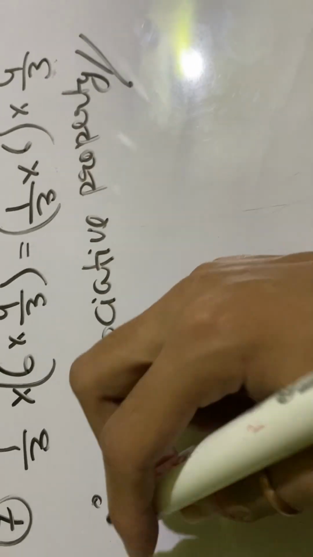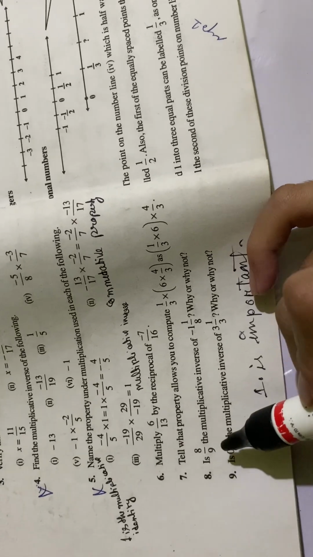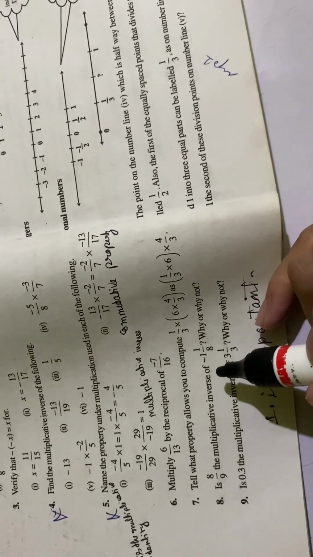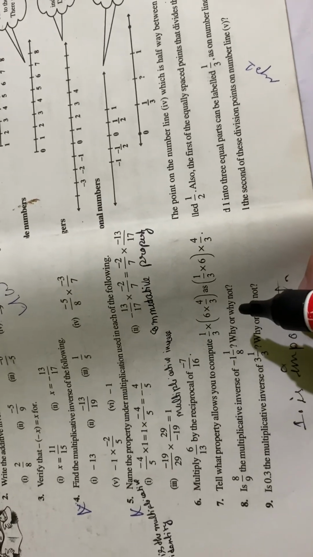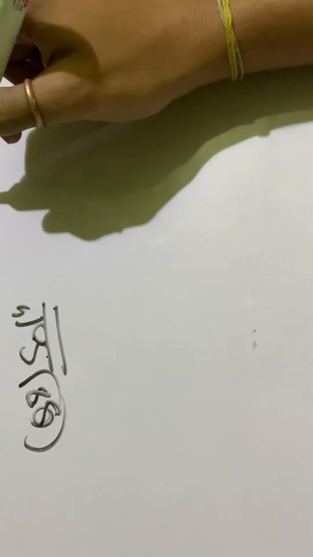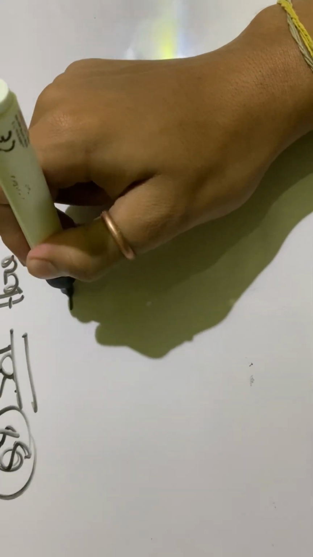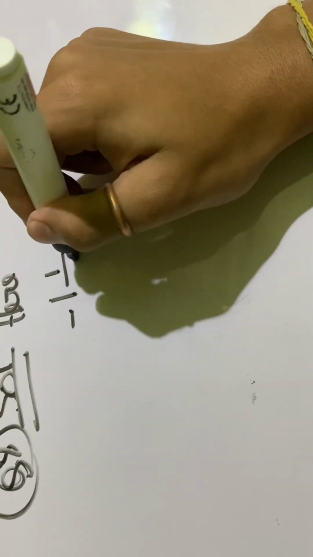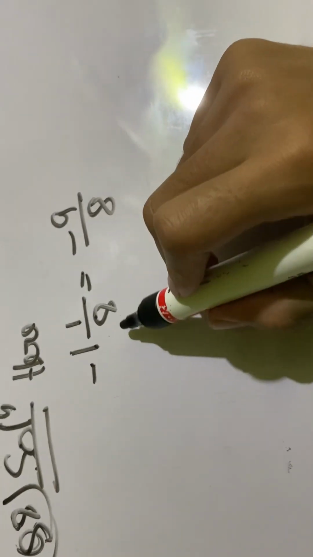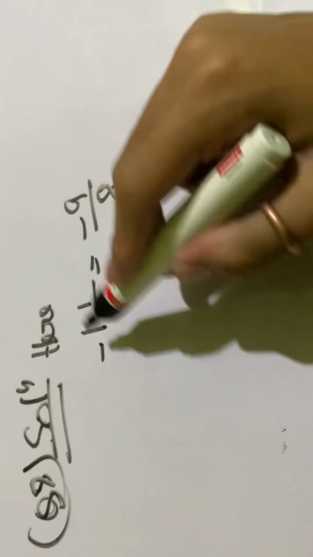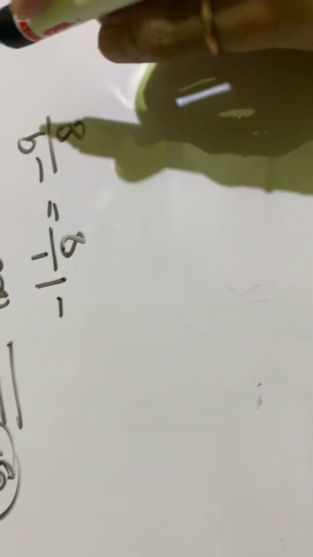Okay, now question number 8. Is 8 by 9 the multiplicative inverse of minus 1 by 8? Why or why not? Here minus 1 by 8 equal minus 9 by 8. Okay, this we have to solve, which comes as minus 9 by 8.